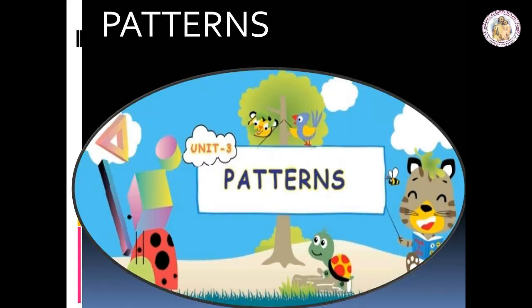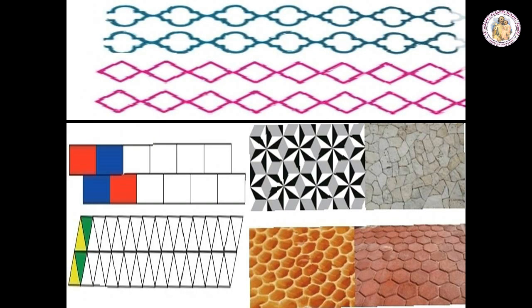Today we are going to see Maths of Standard 5th from Term 2. The unit name is Patterns. In Term 1, we have studied patterns and how they are used in various types. These are the designs which we can use in patterns.